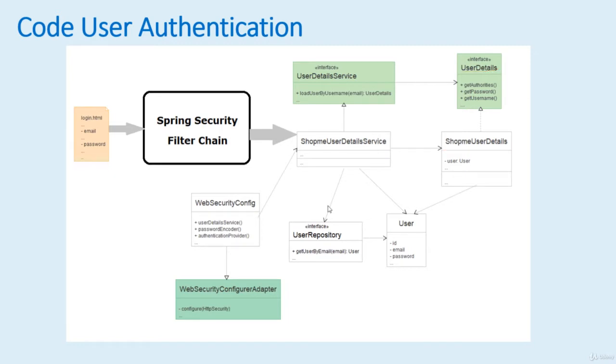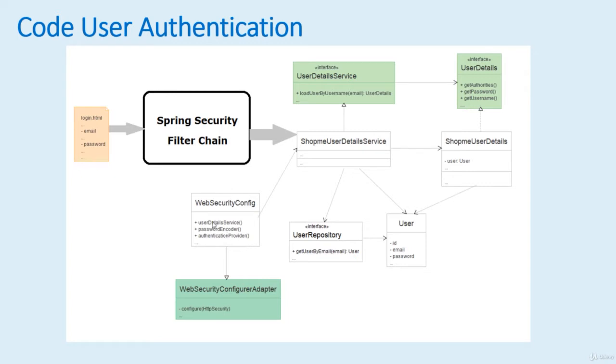And to perform authentication or login, we need to create a new class, ShopmeUserDetailsService, that implements the UserDetailsService interface defined by Spring Security and overrides the loadUserByUsername method here. And in this method, we will call the user repository method getUserByEmail here that returns a User object based on email. And then Spring Security will validate the user's password based on the returned User object to perform authentication.